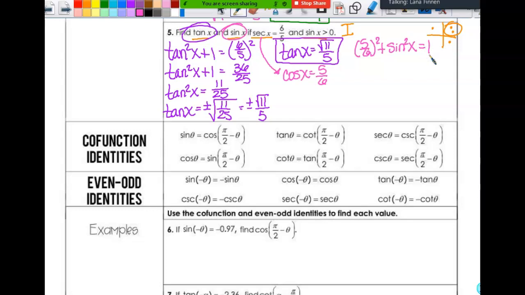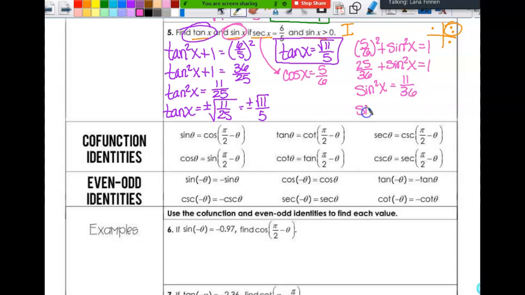So then I square this, and I'm going to get 25/36 plus sine squared x equals 1. I subtract 25/36 from both sides, and that'll give me sine squared x equals what? Hmm? 11/36.